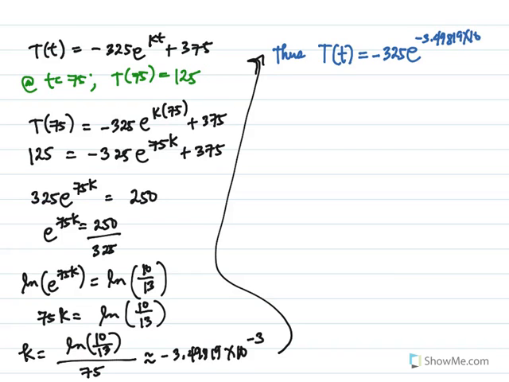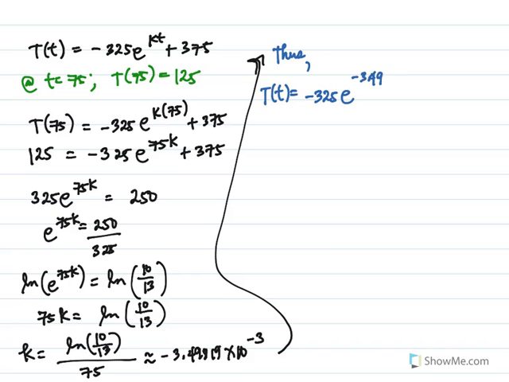T of t is equal to negative 325 e to the negative 3.49819 times 10 to the negative 3 t plus 375. So, that's the temperature at any time t. Temperature of the roast at any time t.